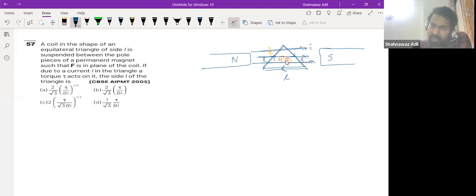So this is i hat, cross minus k hat. Both are perpendicular to each other, right? So theta is how much? That is 90 degrees.